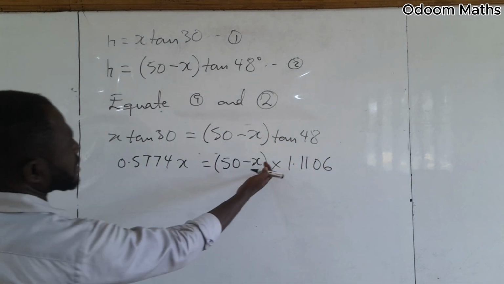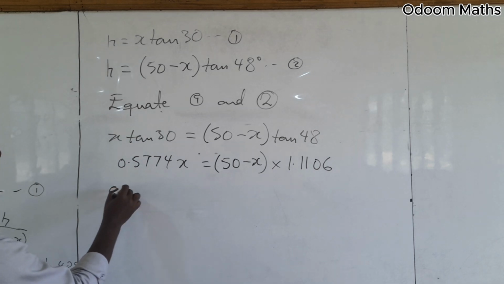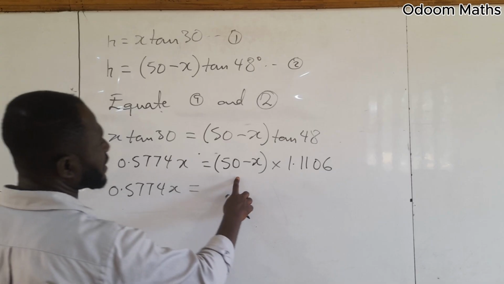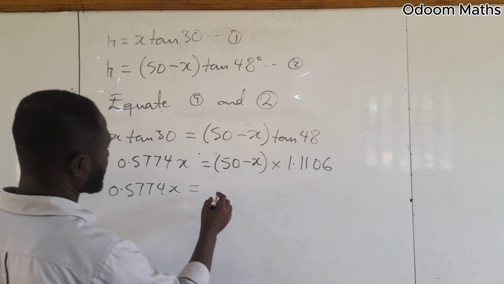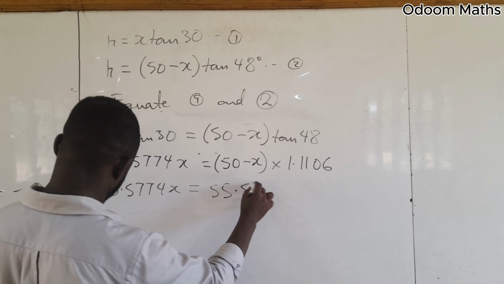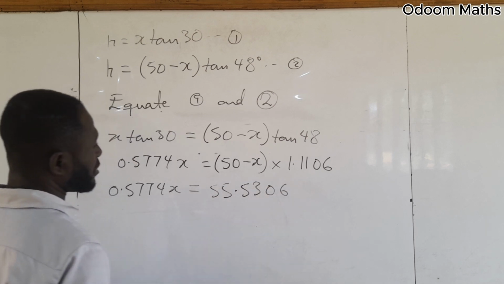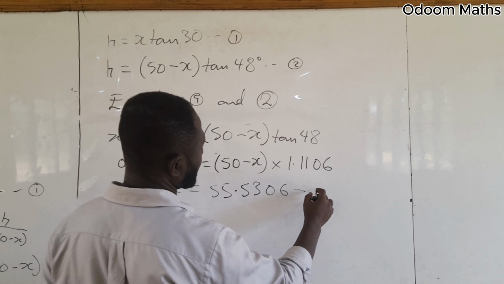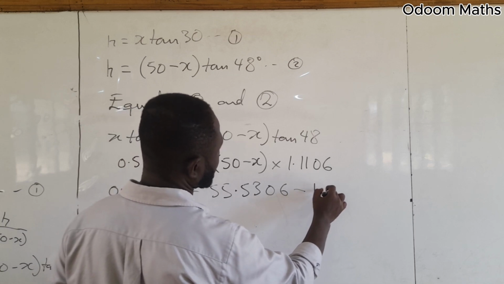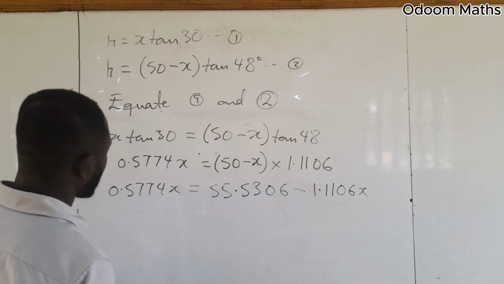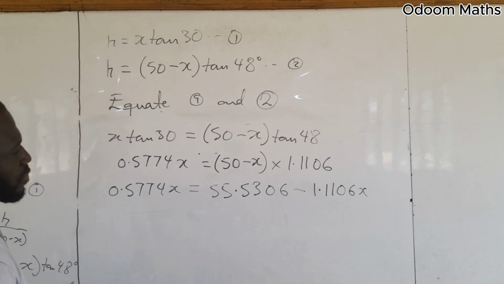We can expand this side. So 0.5774X is equal to 50 times 1.1106, which becomes 55.5306, minus 1.1106X. Now let's group those with X on one side.